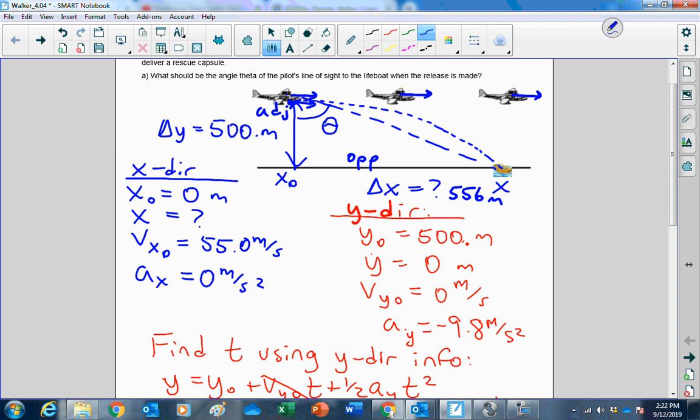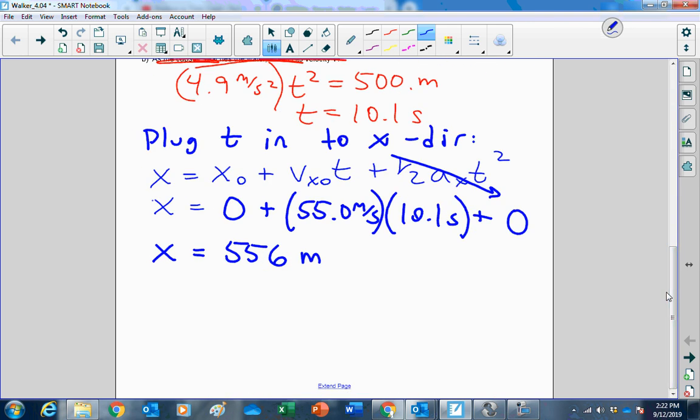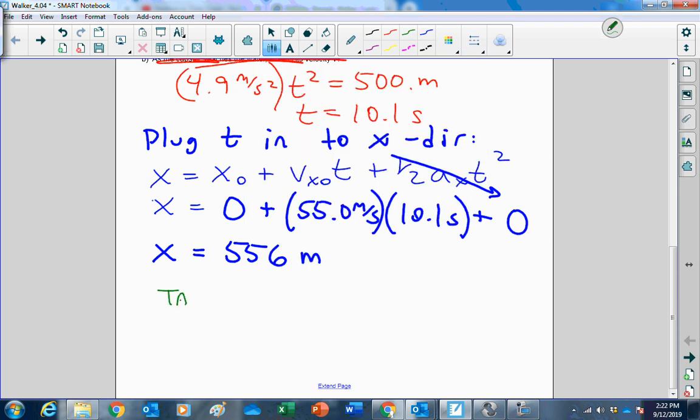So I'd solve for that angle and say that tangent theta would be the 556 over the 500.